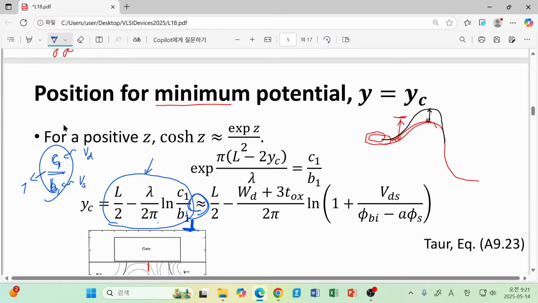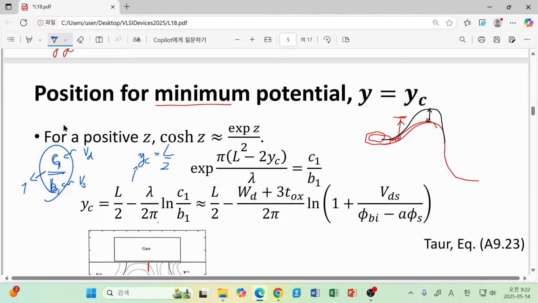And we must take the natural logarithm of number 1. That vanishes. So simply speaking, at the 0 drain bias case, our YC value, where we have minimum potential, will simply be half of the length scale or channel length. That is quite reasonable, because source and drain are biased equally. There is no preference for source, no preference for drain.